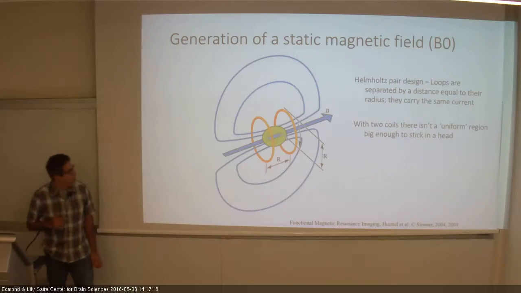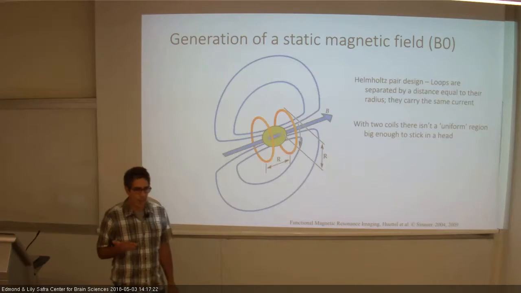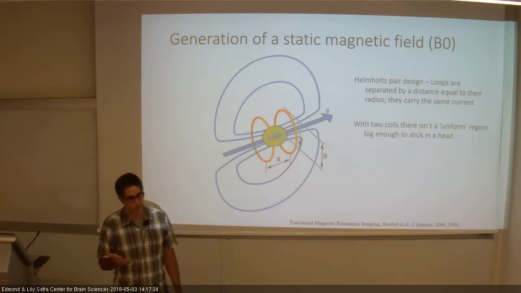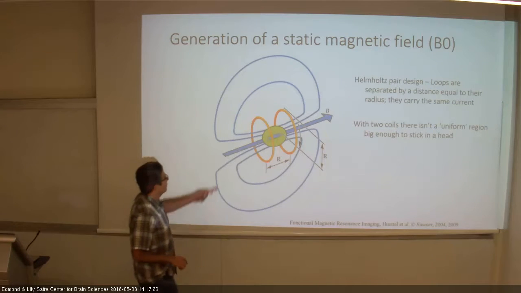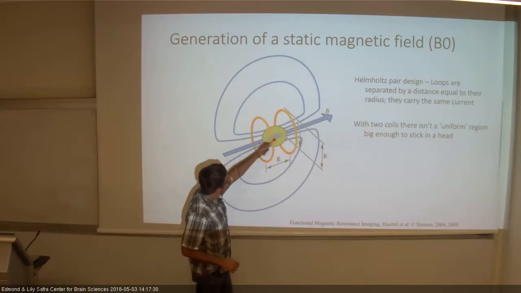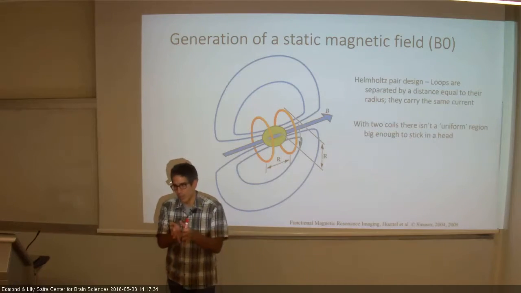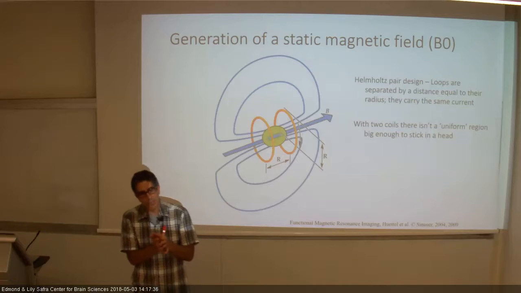Anyway, how can we make a uniform, constant magnetic field inside a magnet, to create our magnet, essentially? So we need these metal wires. We need at least 2 to create a magnetic field. But it will be pretty small.